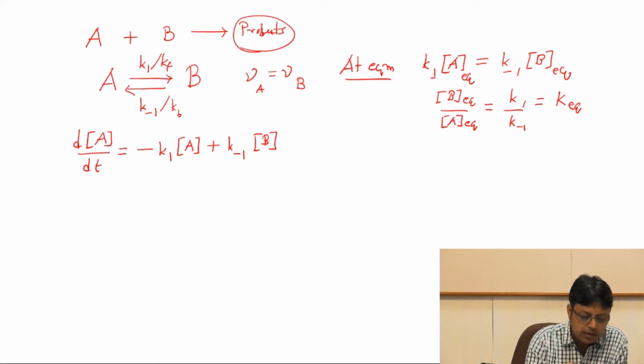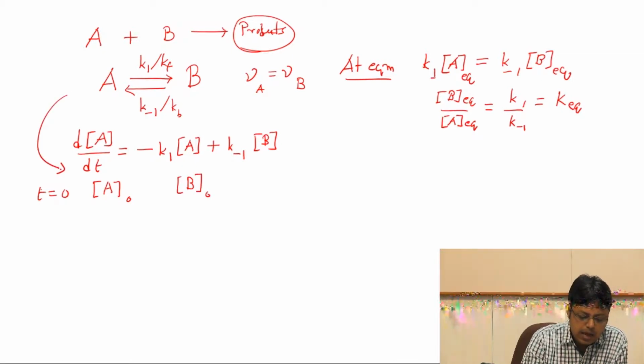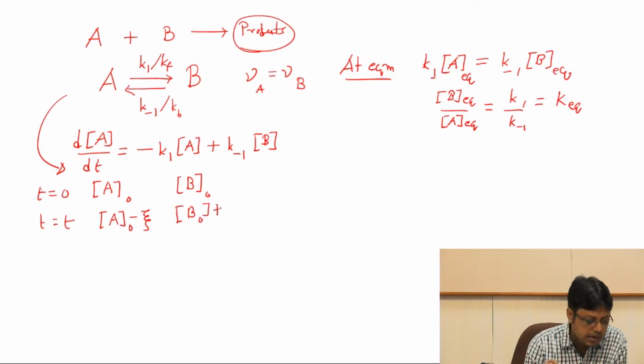And again we can write that suppose at t equal to 0 we have, say, A0, the initial concentration of A, and the initial concentration of B suppose was B0, and at some arbitrary time suppose the advancement is, say, some xi, and then we'll have A0 minus xi, and here we'll have B0 plus xi.